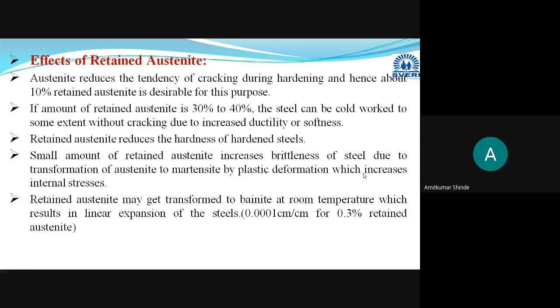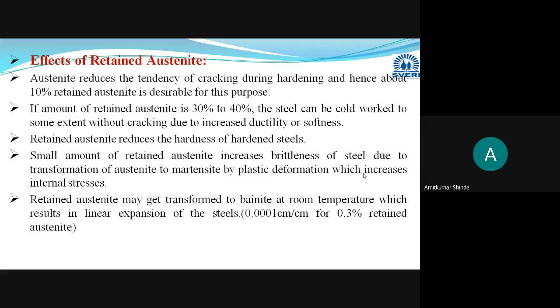Then the third disadvantage is that, whenever there is retained austenite, as time passes, slowly this retained austenite present in the steel will get transformed to bainite. All these transformations occur at room temperature, and this is directly proportional to time.